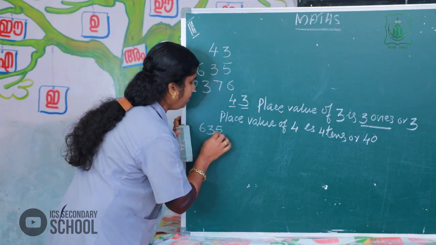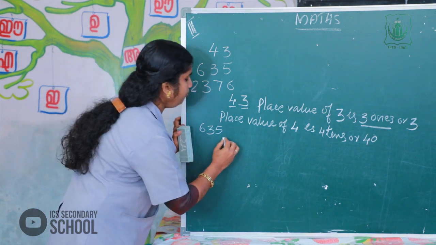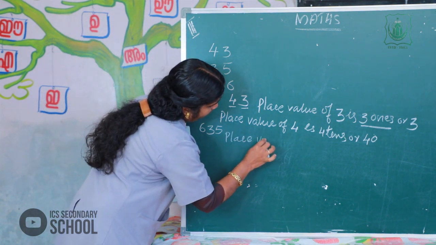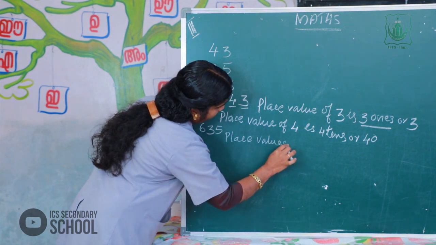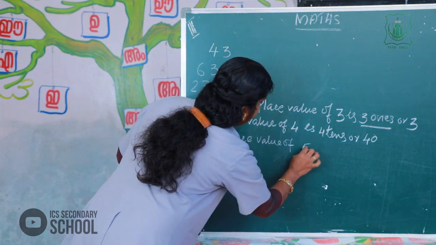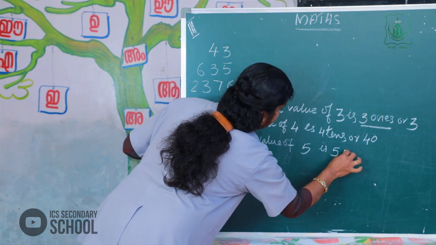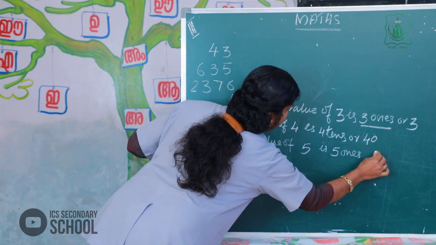In 635, the place value of 5 is 5 ones or 5.